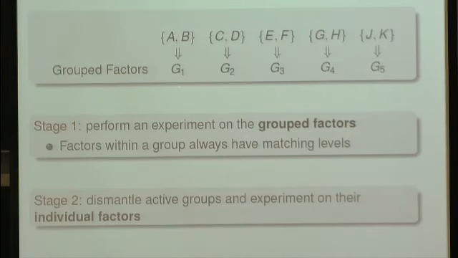And if G1 is at a low level, then both of the factors within the group are at the low level. And I pick out the important or the active groups, and then I'm going to dismantle those and do a further experiment on the individual factors within those groups, holding everything else at a nominal level.